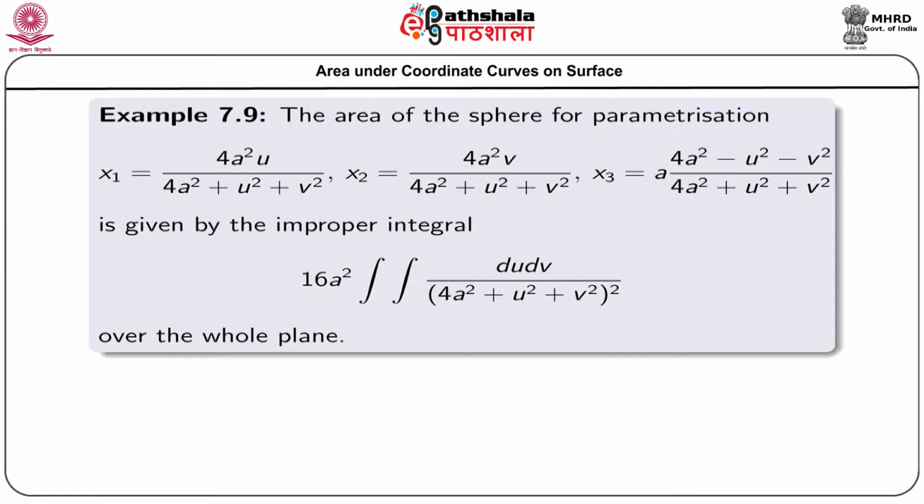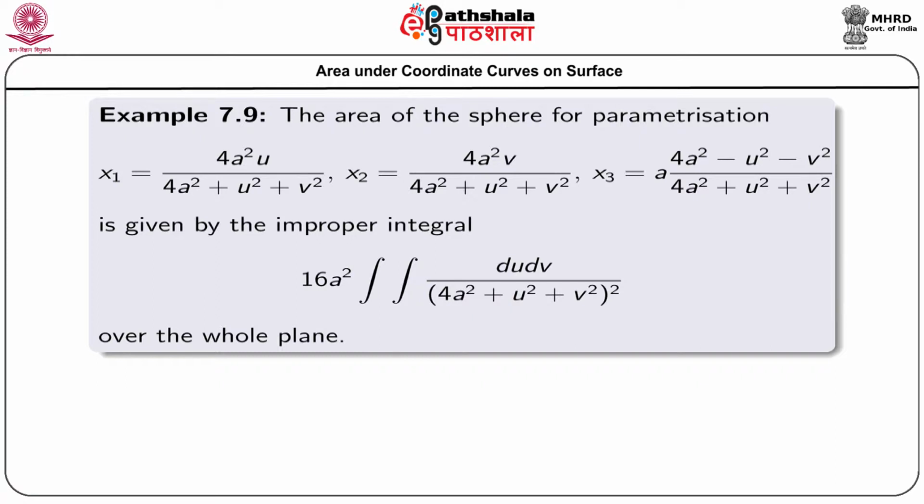If we calculate the values of root a and put the values in the formula, we get this expression: 16a square double integration du dv by (4a square plus u square plus v square) whole square.